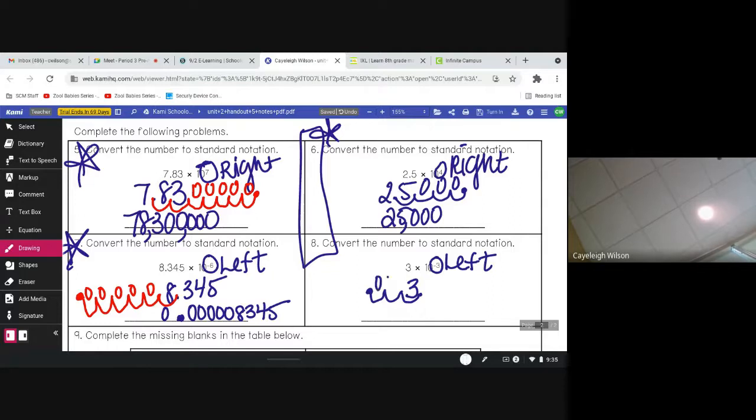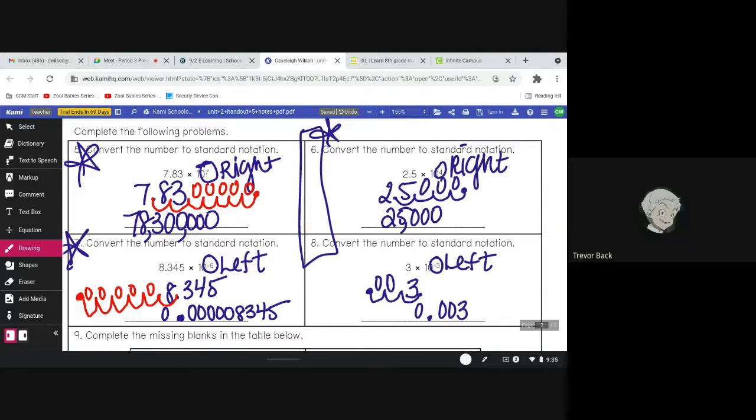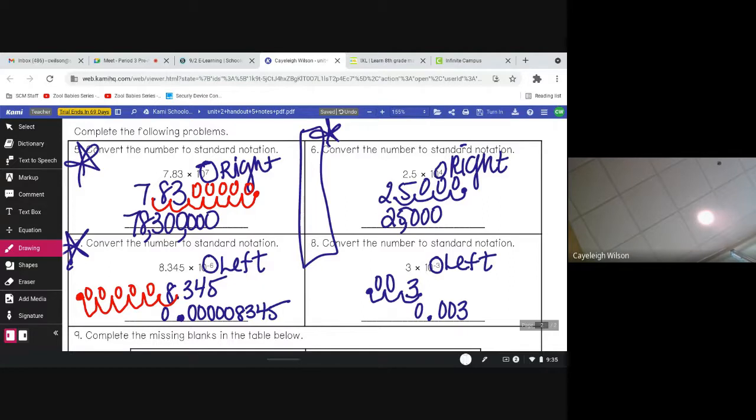And I'll fill in some missing zeros there. So 0.003, and good math grammar just puts a 0 out front as a placeholder. Are there any questions now about converting it to standard? It's not too bad, right? Yeah, it's pretty easy.